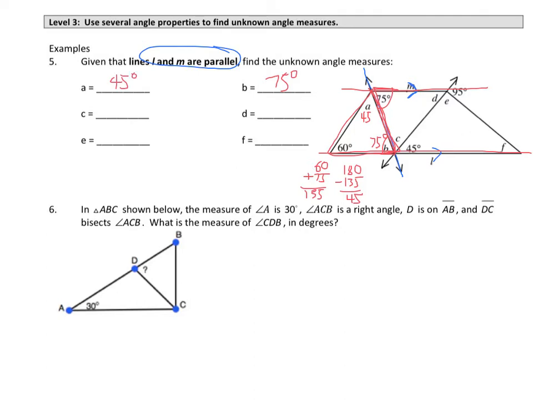Okay, moving on. If I look at angle B, C, and this 45-degree angle, all 3 of those angles combined make a straight line, so they would have to all 3 add up to 180. So if I add 75 and 45 and subtract from 180, I can get the measure of angle C. So 75 and 45 add up to 120.